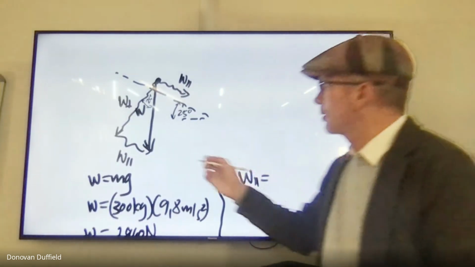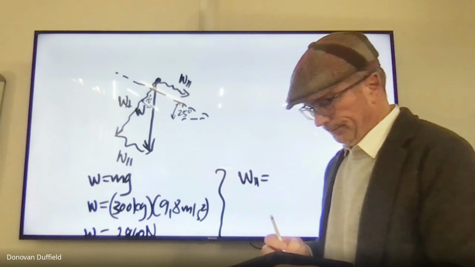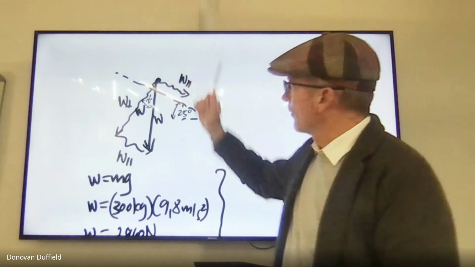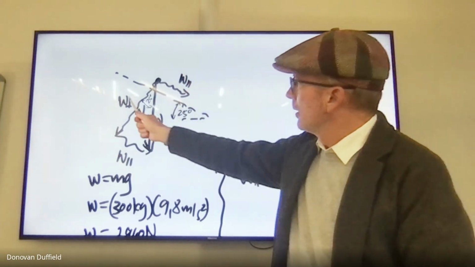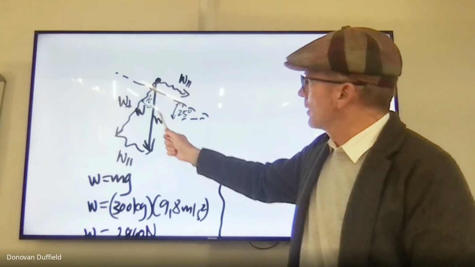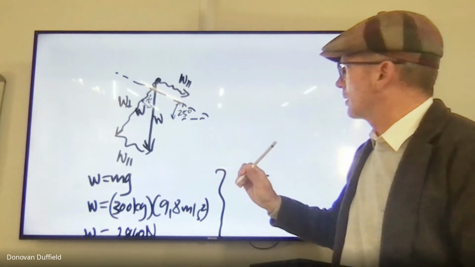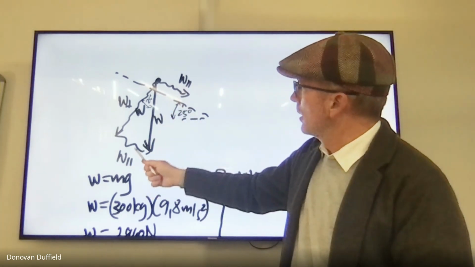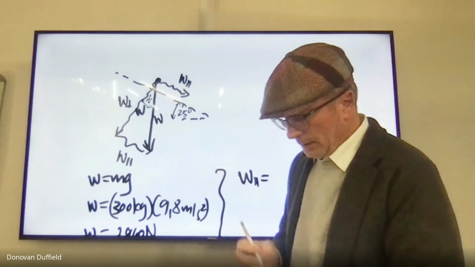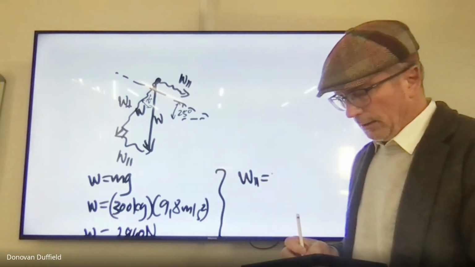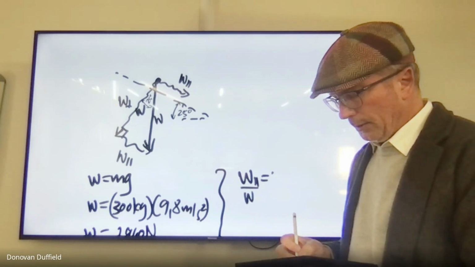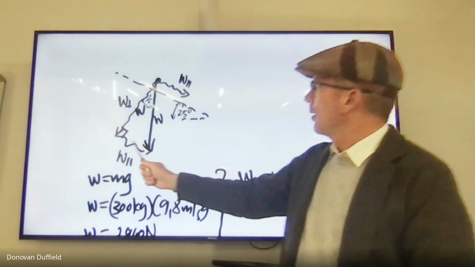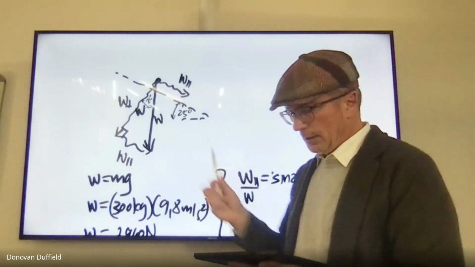That's the angle between the weight and the perpendicular. So W perpendicular over W is going to be adjacent over hypotenuse. That is going to be cos, but W parallel over W is going to be opposite over hypotenuse. This is 90 degrees. So W parallel over W is going to be sine 25. Opposite over hypotenuse is sine 25.